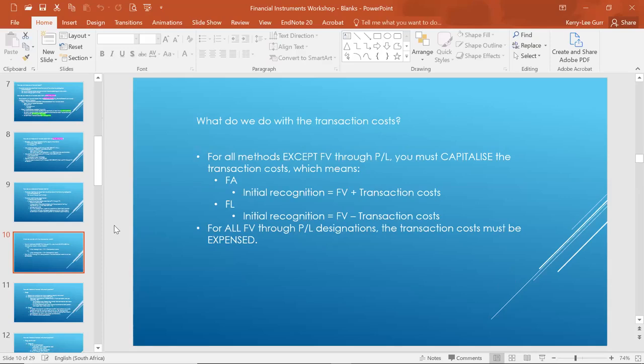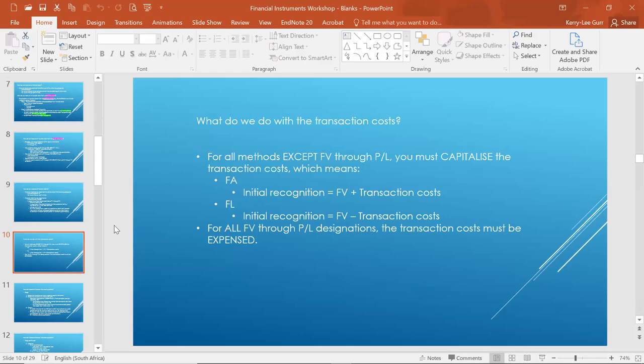And what is also important is our transaction costs. So once we've then got our measurement model, one of the costs you're going to see coming through in your questions is going to be transaction costs. And it's always a case of, well, what are we going to do with these transaction costs? So for all our methods, except fair value through profit and loss, you're going to capitalize your transaction costs.